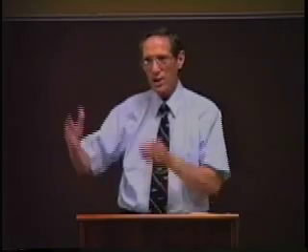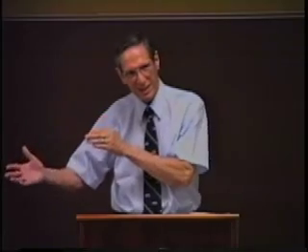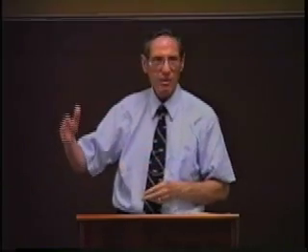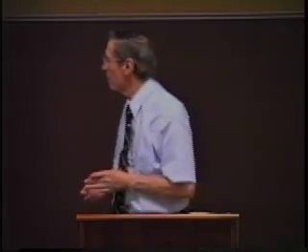So you have the Abraham narrative and the Jacob narrative and the Joseph narrative. 12 to 25, Abraham, 26 to 36, Jacob, and 37 to 50, Joseph. And you see, those are the large blocks of material that you have in that book.